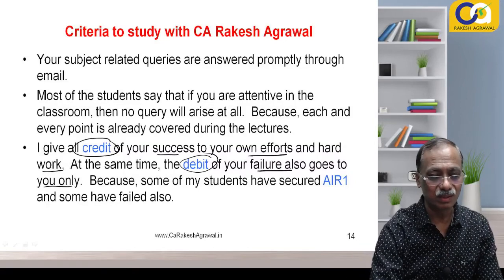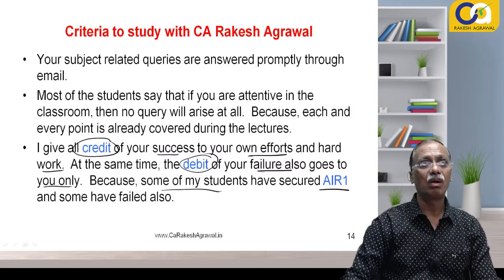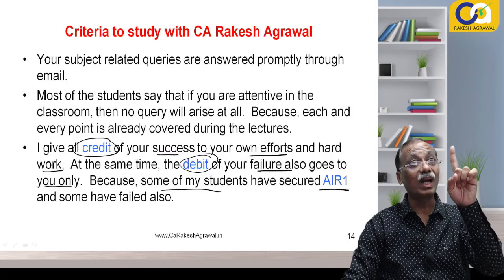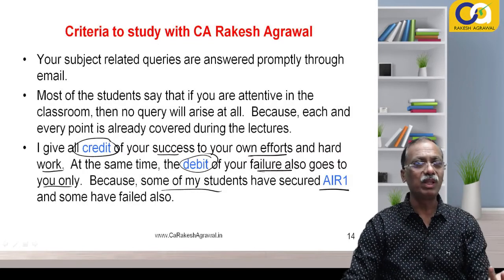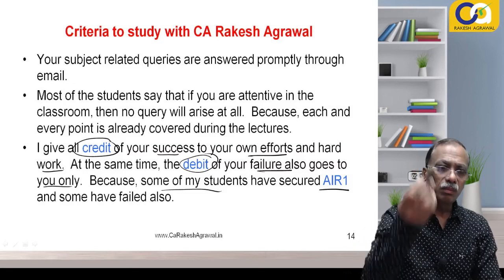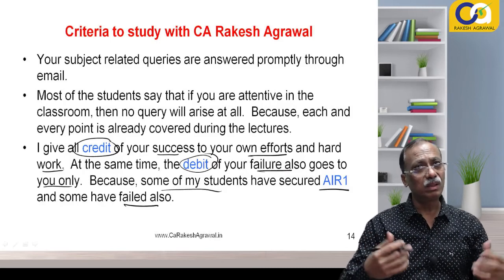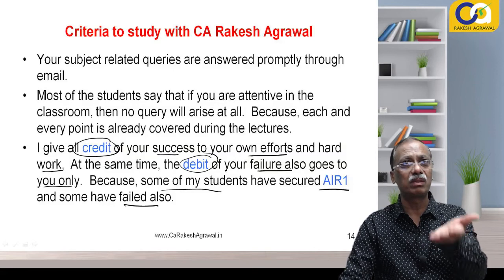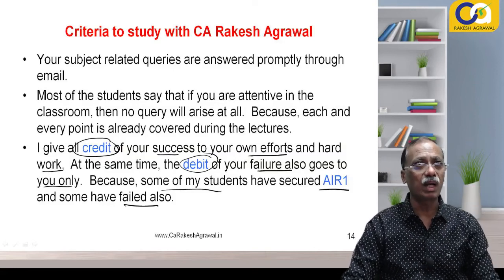Because some of my students have secured AIR 1, All India Rank 1. There are many students in the past who have secured All India Rank 1, I'm saying. And lower ranks also have been scored. So there are many students who have appeared in All India Merit List, including Rank 1. And some of my students have failed also. Teacher is same, teaching style is same. A student fails, a student passes after few attempts, and a student secures rank 1.